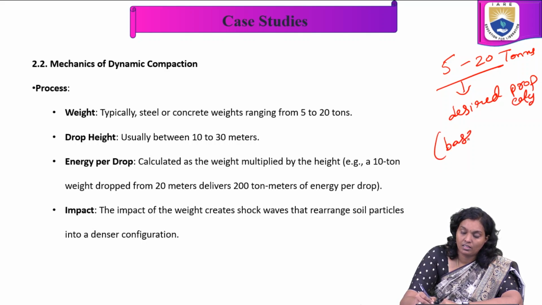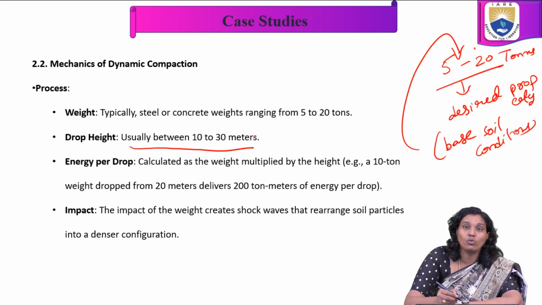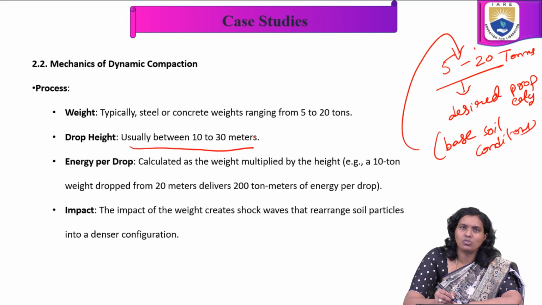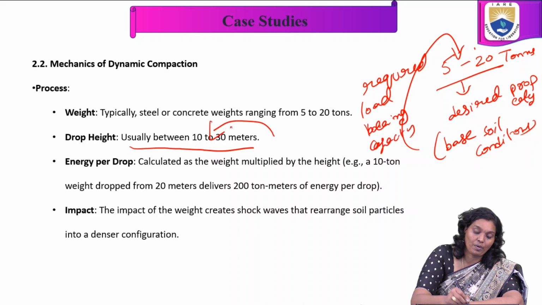Based on the soil conditions, we consider how many tons are required. Drop height is usually between 10 to 30 meters. It also depends upon the soil conditions, and based on the required load bearing capacity we choose this drop height.